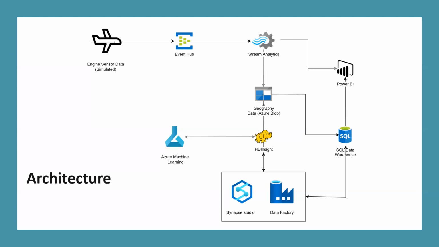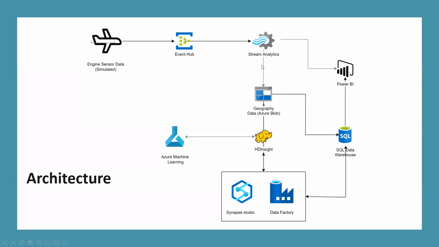We can send it to Power BI, a SQL data warehouse, or anywhere else. Please go through the Azure Stream Analytics module so that you can get a better idea of how Stream Analytics works. So let's go back to this architecture again. Once it receives data from Event Hub, Stream Analytics filters it, passes it to a machine learning endpoint, and then sends the results to Power BI.